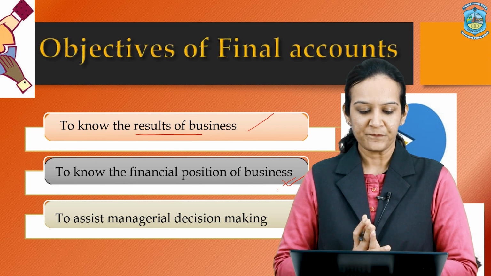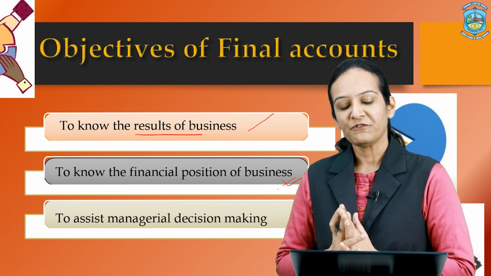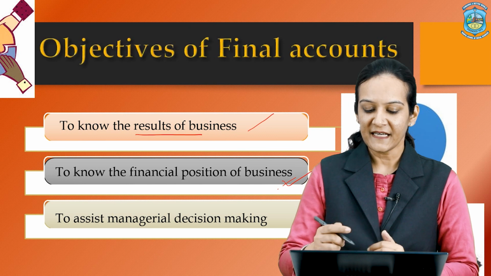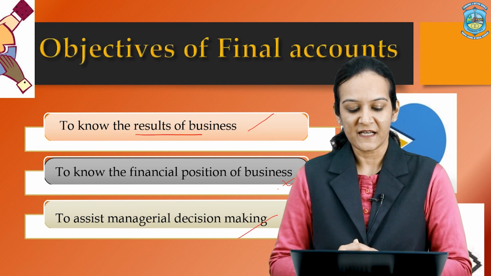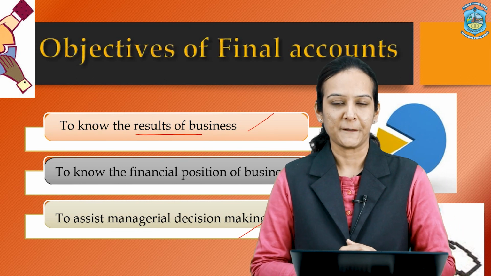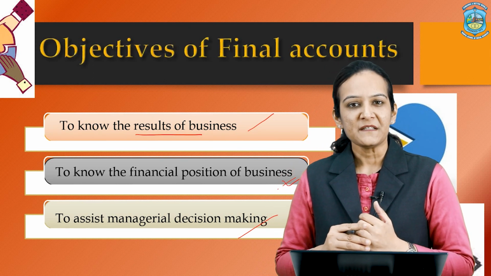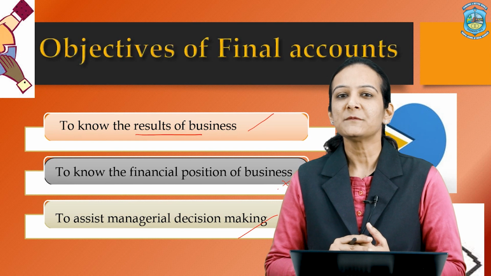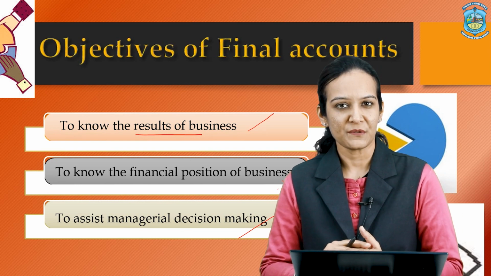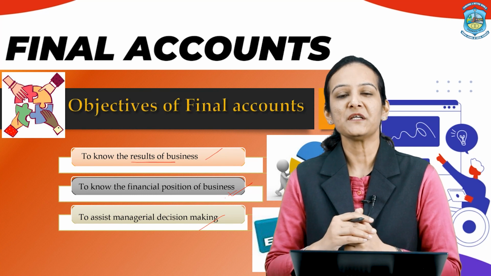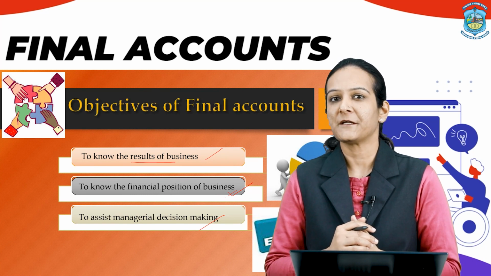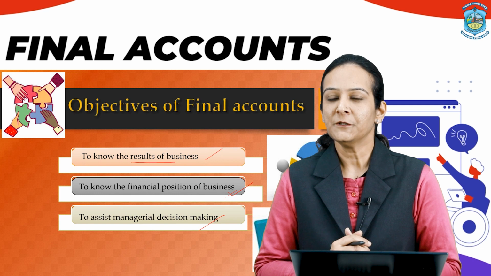Then the third objective of final accounts is that it assists the managers to take decisions about the business, or it assists in managerial decision making. The results given by the final accounts help the managers to take decisions about the business. They interpret the results of the business. Based upon those interpretations, managers take decisions about the business.